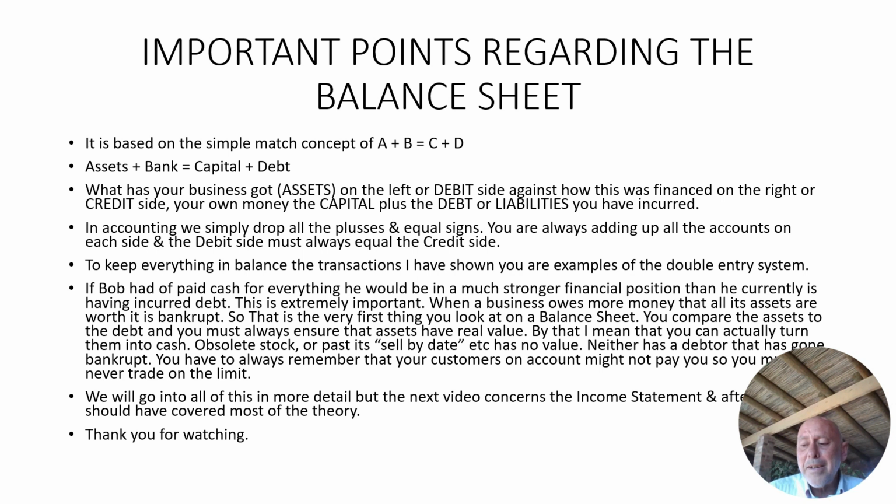If, on the other hand, you've got a lot of debt on the credit side and you haven't got that many assets, your balance sheet is getting weaker and weaker and weaker. Your business, therefore, is not in a strong financial situation. It's exactly the same as Bob, the individual.